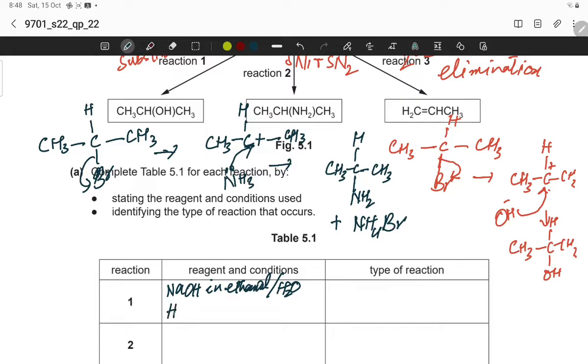Condition is heat under reflux, and the type of reaction is nucleophilic substitution.